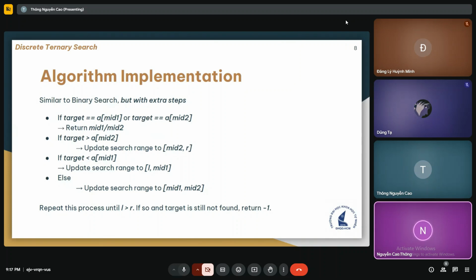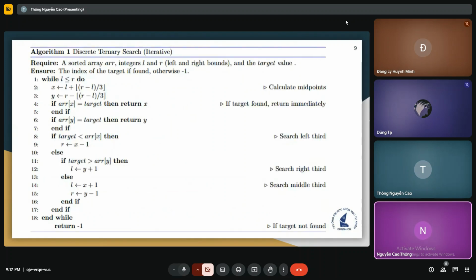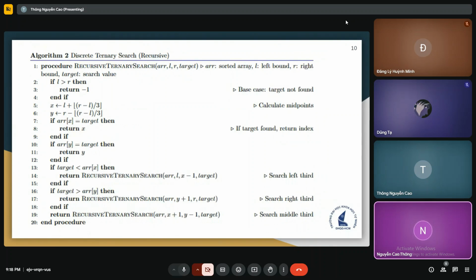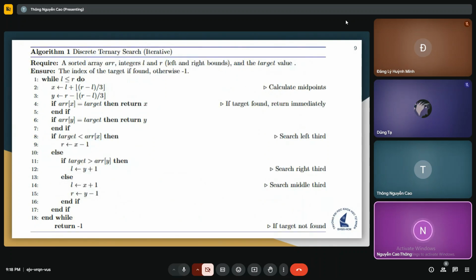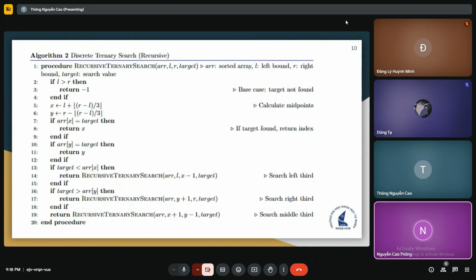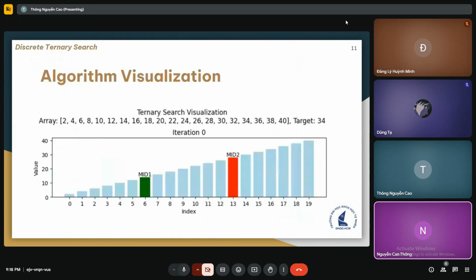When that time comes and the target is still not found, we return a value, maybe -1. And this is how we can implement it. Again, the idea is very similar to binary search. The first one was the iterative version, and this one is the recursive version. We don't exactly recommend using this, but it's here for those who are interested.